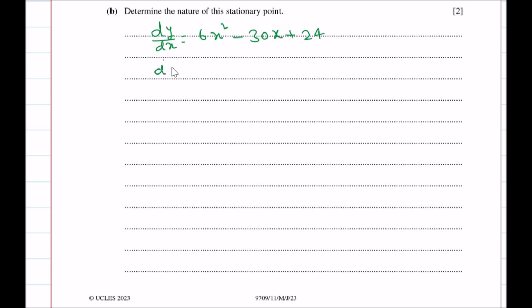So d2y by dx2, the second derivative, is equal to 6 into 2x minus 30. For x we get 1, and for the constant term 24 it becomes 0. When you differentiate a constant it becomes 0. So we got d2y by dx2 is equal to 12x minus 30.